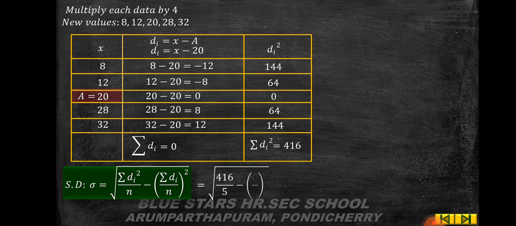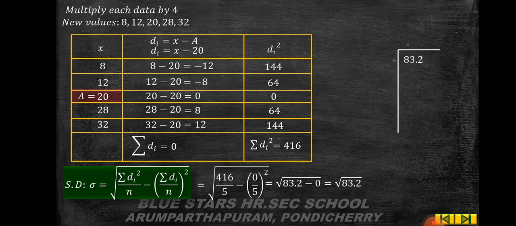So SD, sigma, is equal to root of summation di square by n minus summation di by n the whole square, which is equal to root of 416 by 5 minus 0 by 5 the whole square, which is equal to root of 83.2 minus 0, which is equal to root of 83.2.